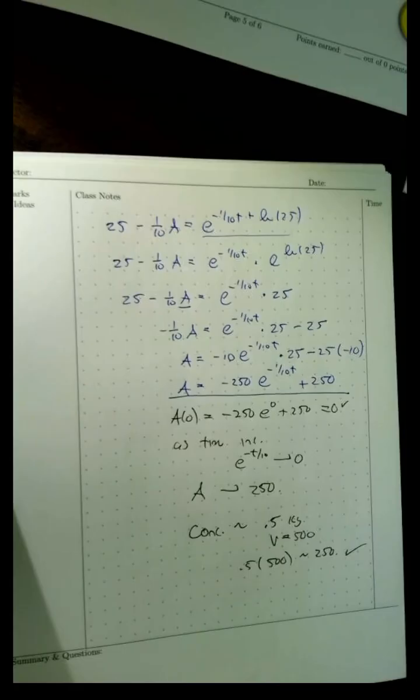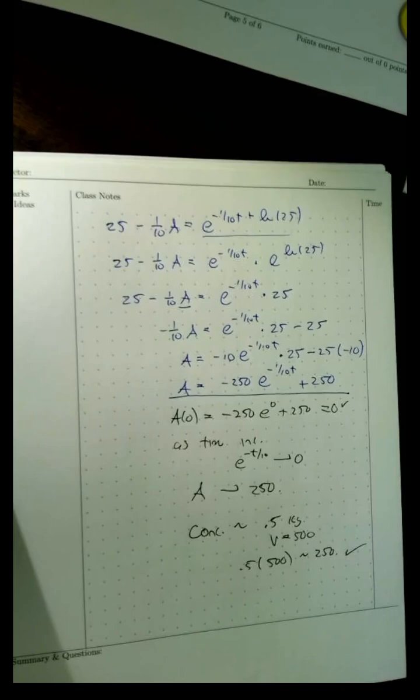I'm after A. So let's subtract 25 from both sides, and then multiply through by minus 10. And now let's just fix this up a bit. Minus 10 times 25 is minus 250 e to the minus 1/10 t plus 250.